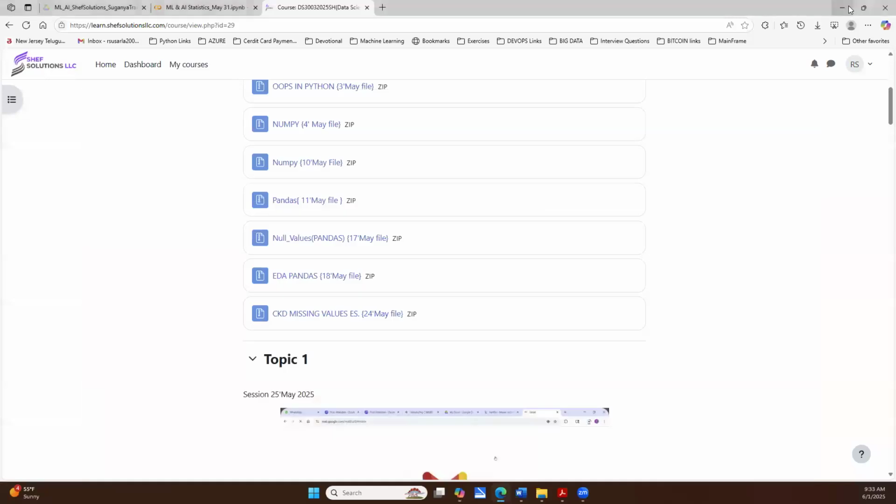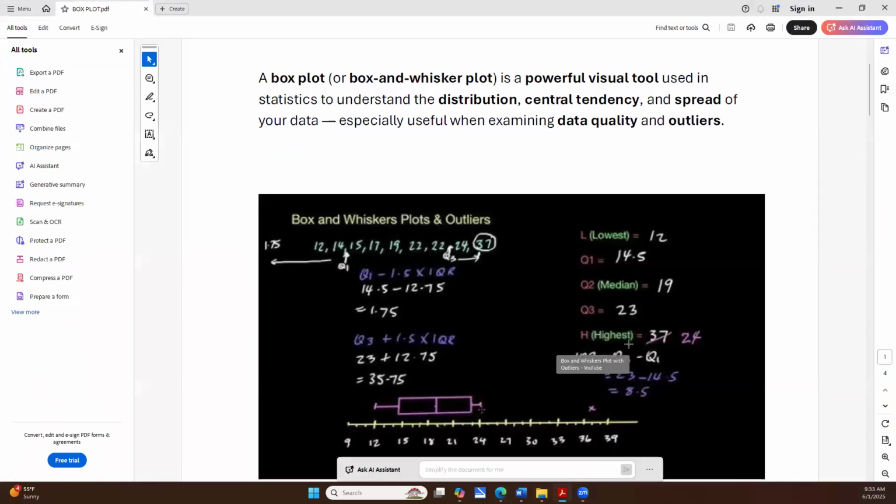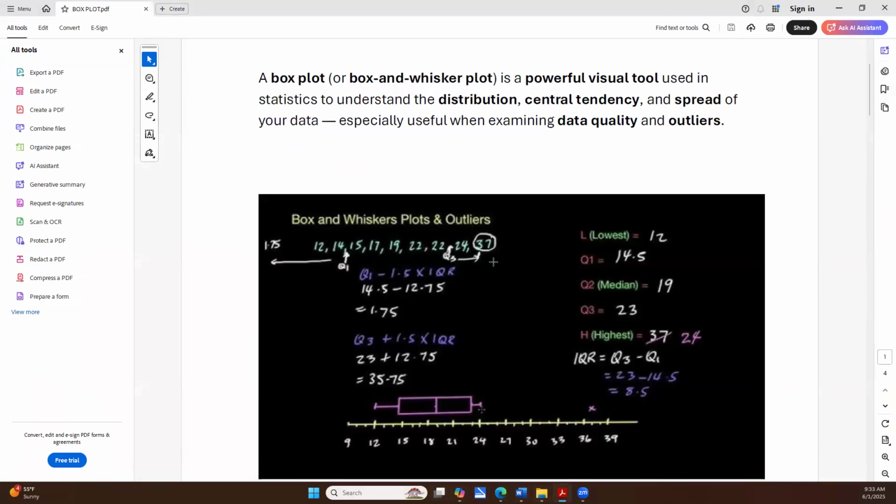Mm, Can you see my screen? Yes, exactly. Yeah, actually, this is one of the documents that you shared with us. Exactly. I have a question here. Yes, Let me do this.